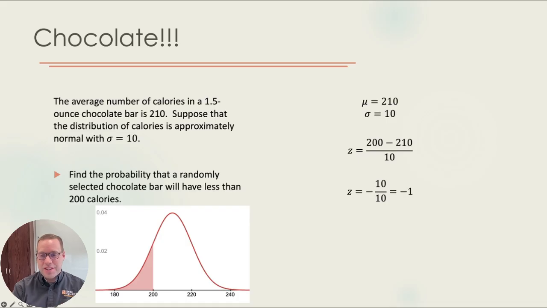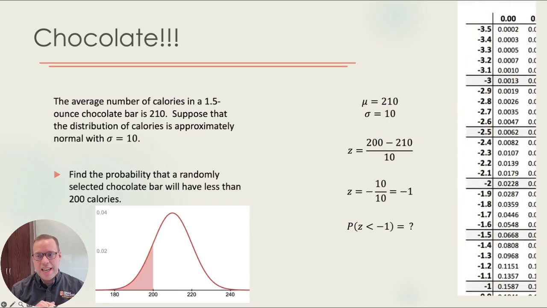Hey, it works. Okay. So now what we need to do is we need to look on a z-table and find what's the probability of getting a z-score less than -1. In other words, we need to find that area less than -1. So let's pull up a z-table and let's find that area less than -1.